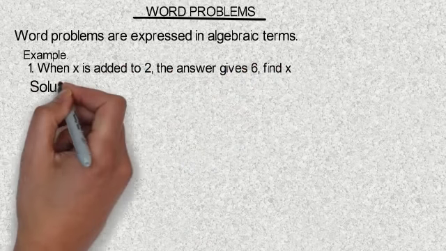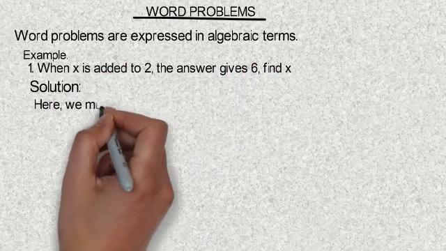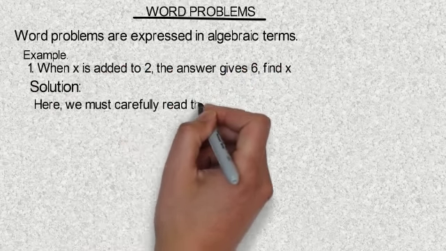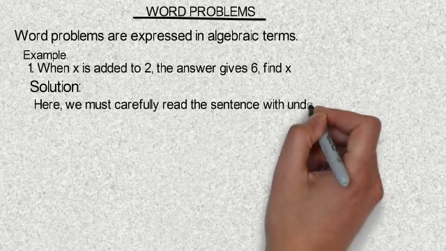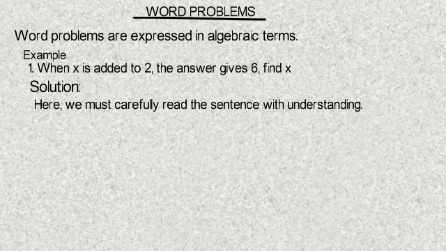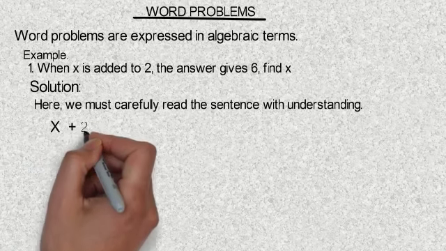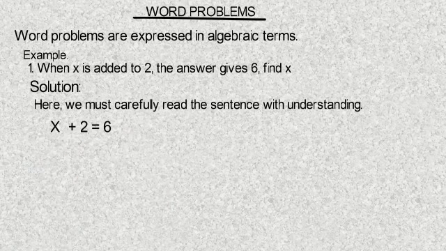Find x. How do we express this? Here we must carefully read the sentence with understanding. Let's read again. When x is added to 2, the answer gives 6. In other words, x plus 2 is equal to 6. That is just it.